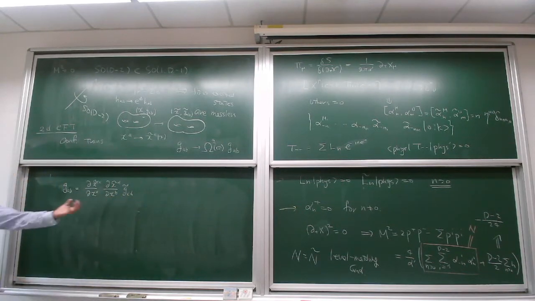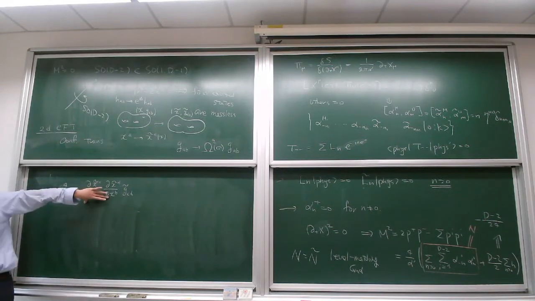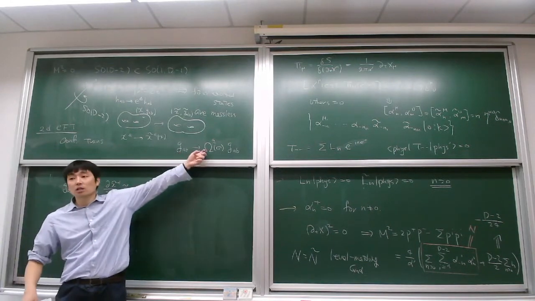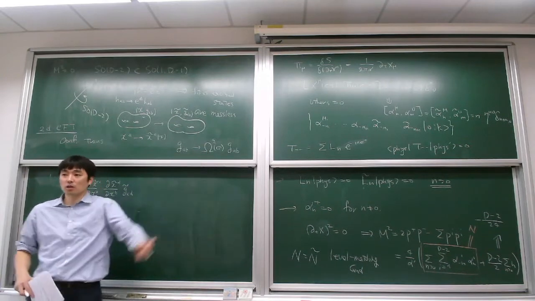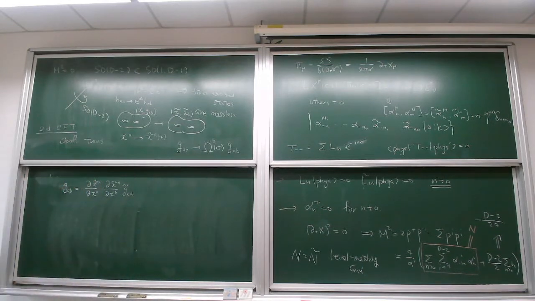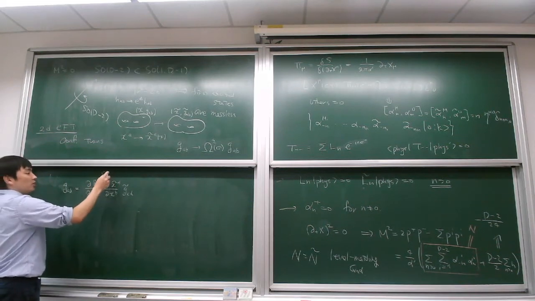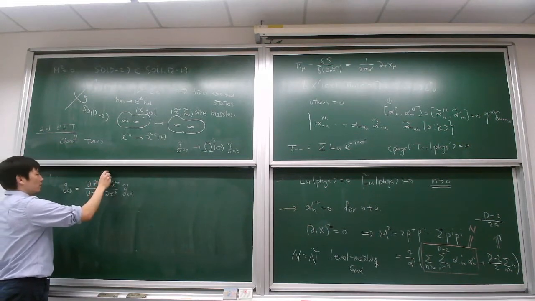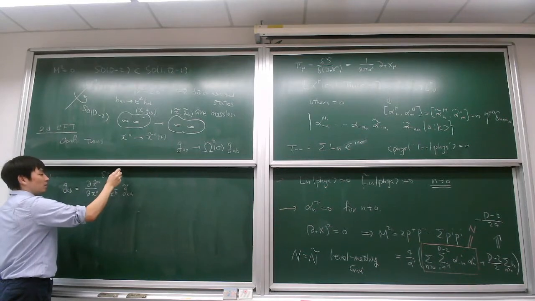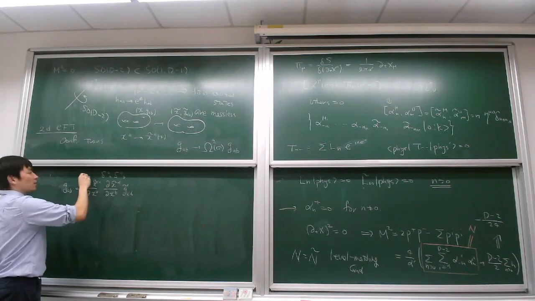This is how you pull back the metric. And this one is only proportional to some function, the identity matrix. Let's see, delta_ca, delta_db, and some factor.